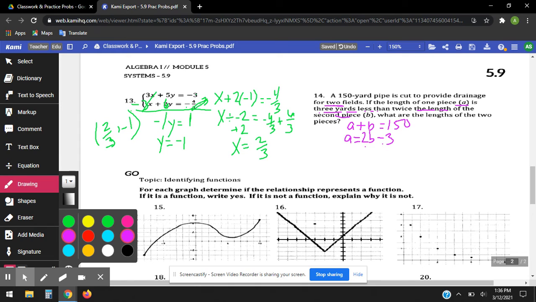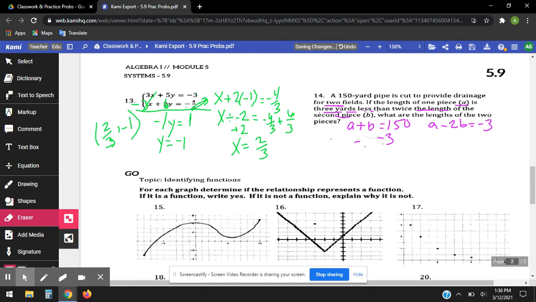To do this as elimination, I actually need to get my 2B on this other side. So I'm going to rewrite this as A minus 2b equals -3.